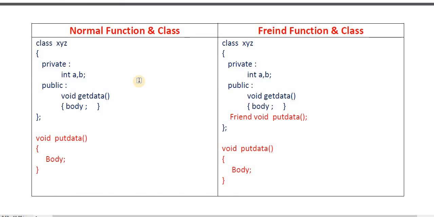Here, to understand the friend function, we will see this example. There are 2 sections: on the left side a normal function and class, and on the right side a friend function and class. On the left side, this is a class named XYZ, and this is the class body, with an opening and closing flower bracket. Inside the class body there are 2 data members, A and B, declared in the private section, and only one member function, void get data.